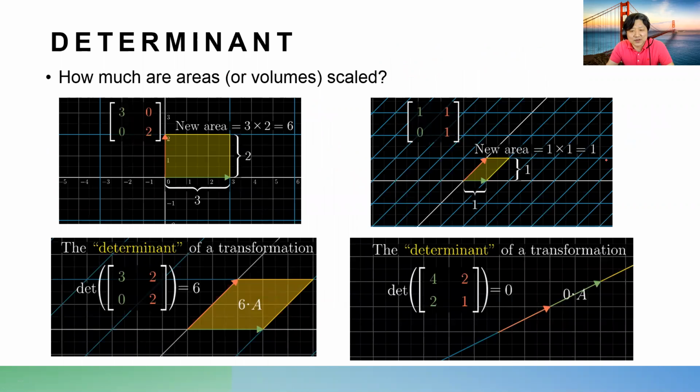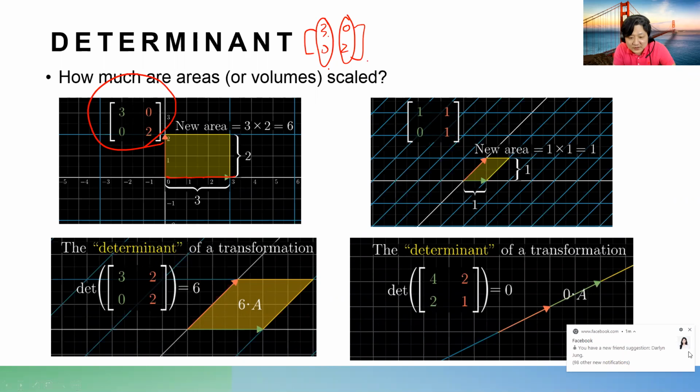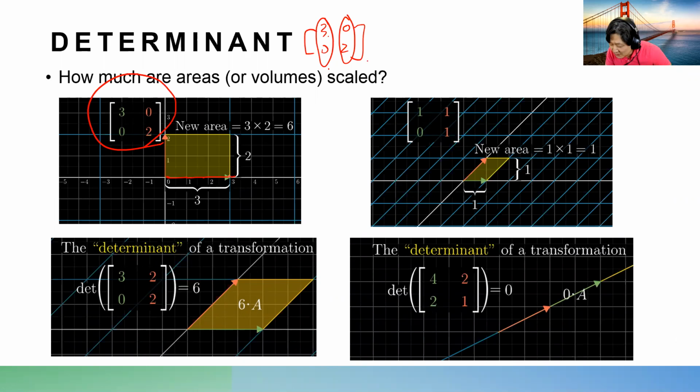Here's some more examples. Let's think about this matrix, 3, 0, and 0, 2. This is the first column vector, 3, 0, and the second column vector is 0, 2.